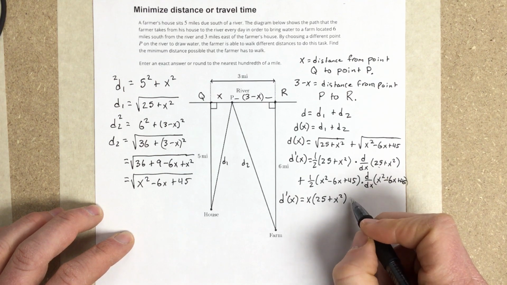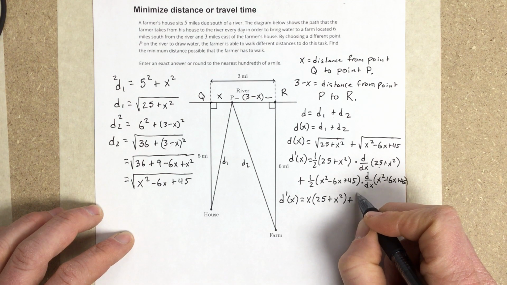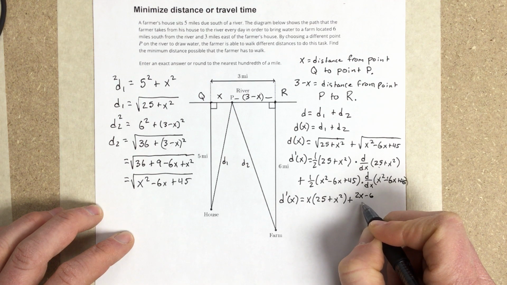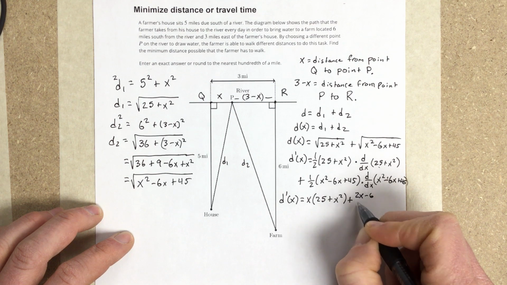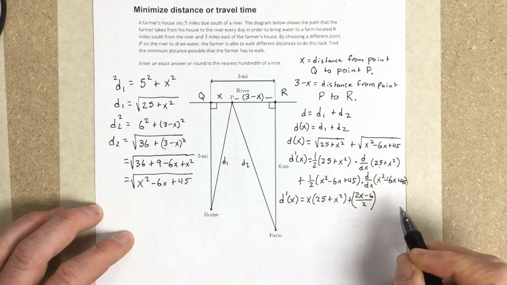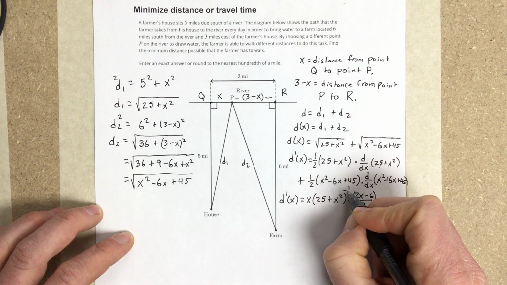So I end up with plus (2x minus 6) over 2 times, oh, and I forgot to write these. These would be to the negative 1/2.